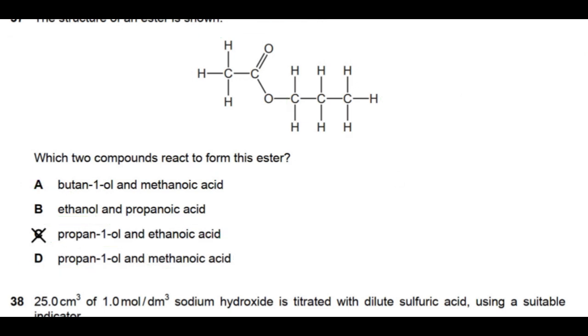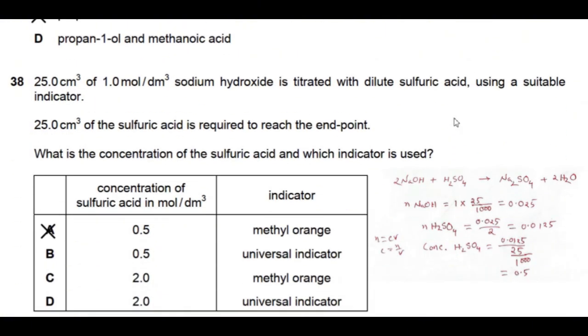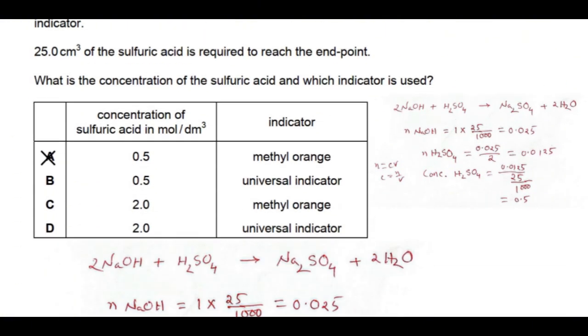Next, 38. 25 cm³ of 1 mole per dm³ sodium hydroxide, concentration and volume given, is titrated with dilute sulfuric acid using a suitable indicator. 25 cm³ of the sulfuric acid is required to reach the end point, the neutralization point.